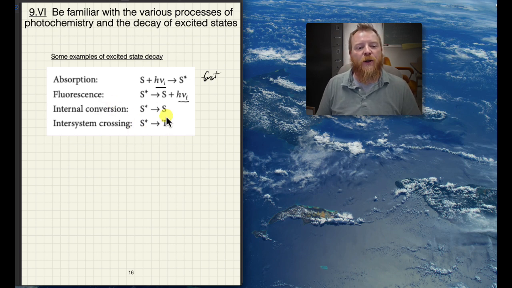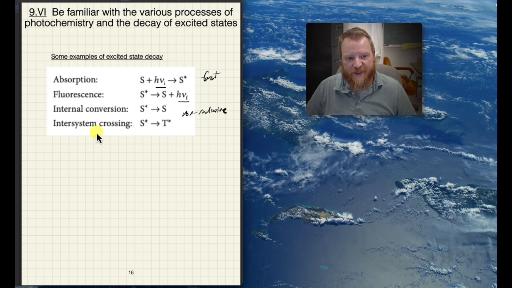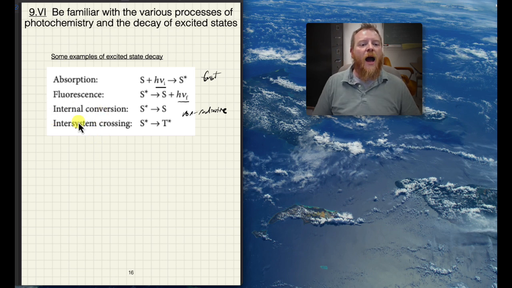Our molecule could also go through non-radiative processes called internal conversion or even intersystem crossing. We'll go into those in much more detail in 362. But what's important to note is these processes are typically very slow, okay?